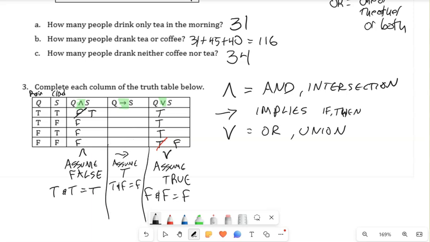So with implies, if you just go with the assumption that this is true, they are almost always true, and then look for a true and false situation. True, false. That's the one that you change to false.